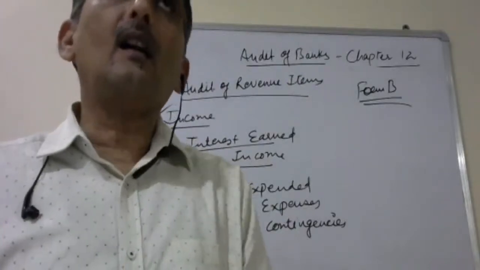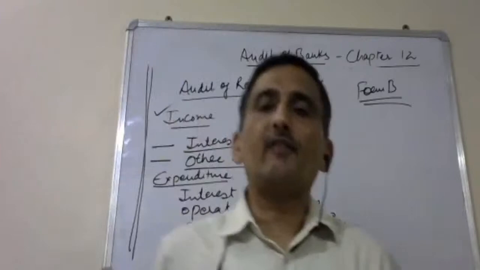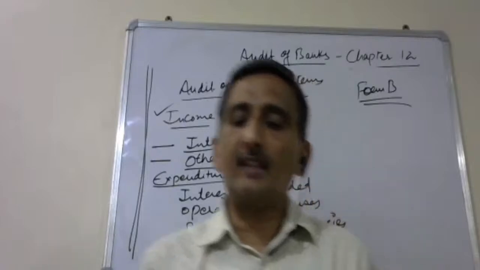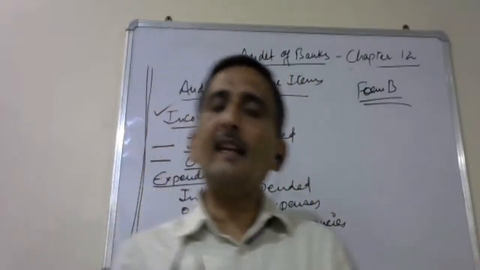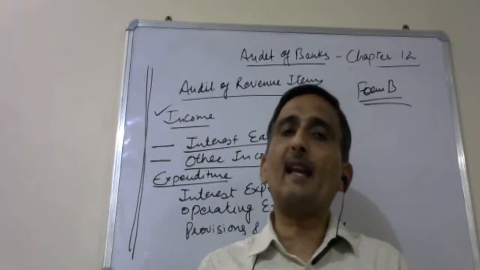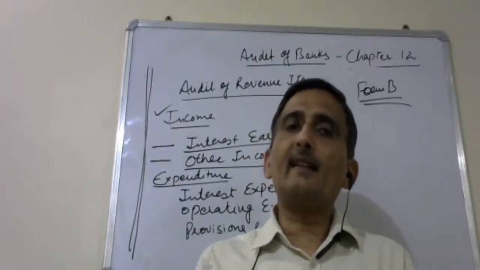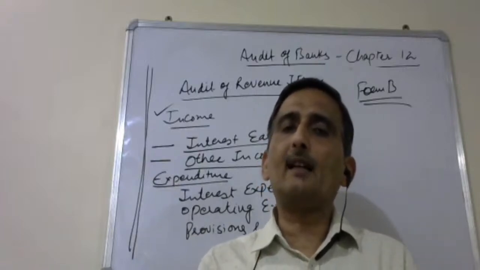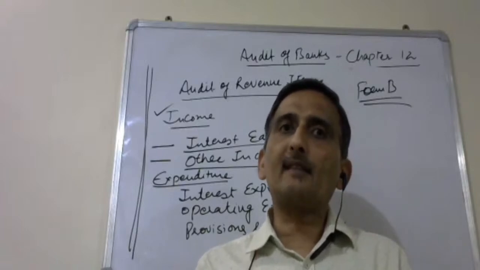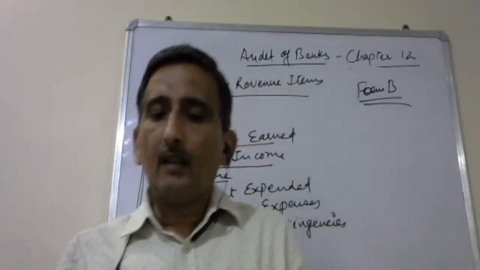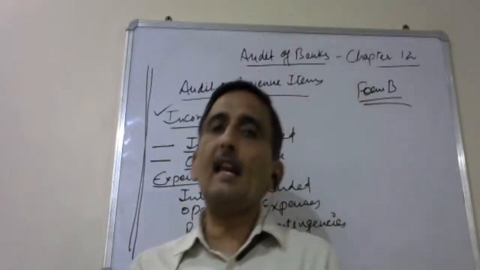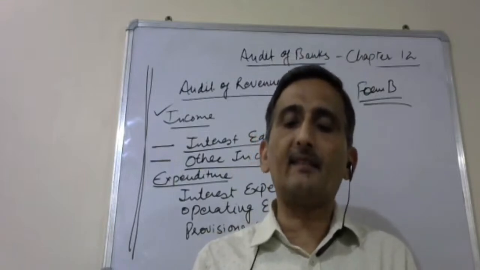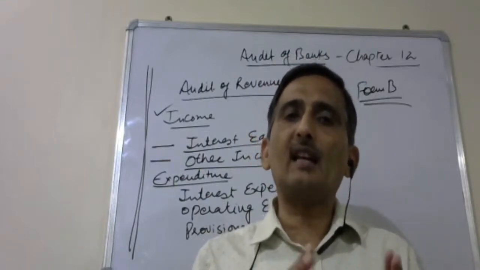As per RBI guidelines, one more important thing is there, that if there is some income which exceeds 1% of the total income of the bank on gross basis, or if the bank is following the net of cost method, then it is more than 1% of the net profits before taxes, then it should be considered on accrual basis as per AS 9, accounting standard 9.